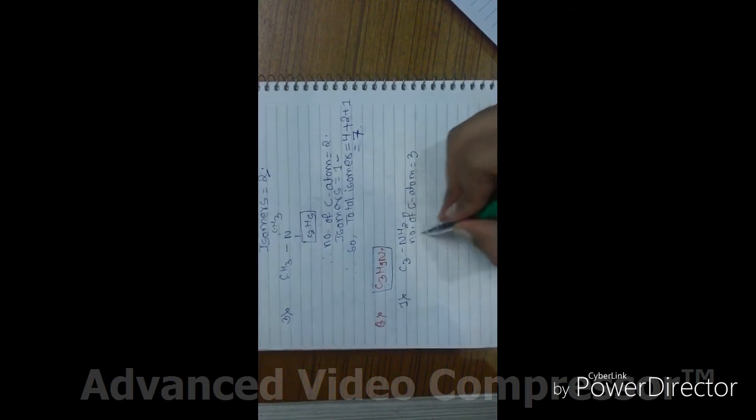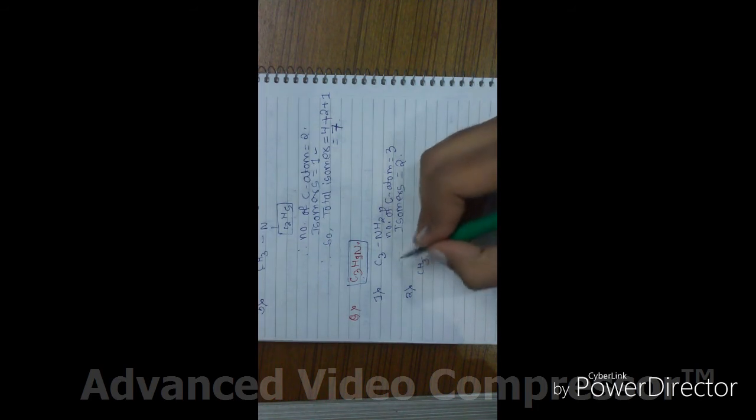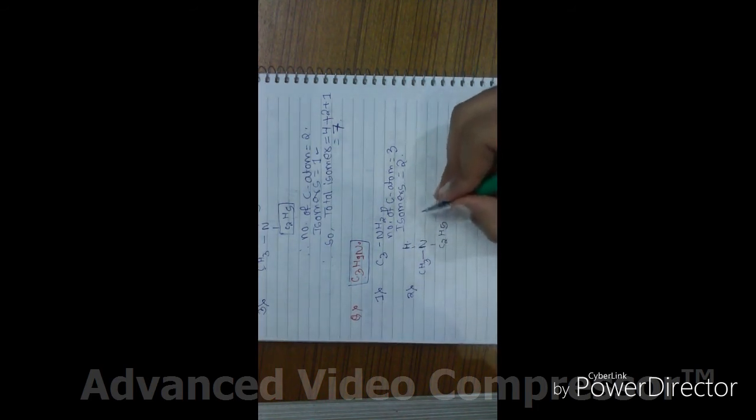So isomers equal 2. Now for the second degree structure, N CH3 C2H5 and H. This is the second degree structure.